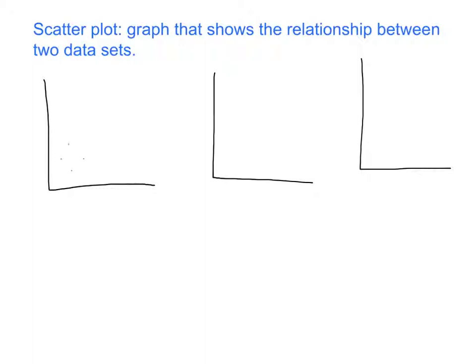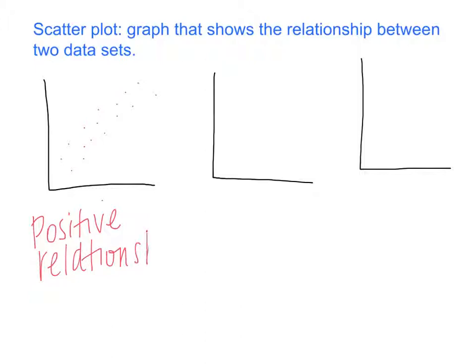One that we might see when we graph looks like this. And notice that those dots are going upward. So this would be a positive relationship, because as x increases, y increases.